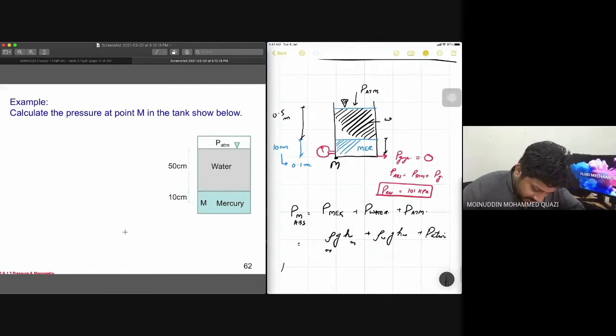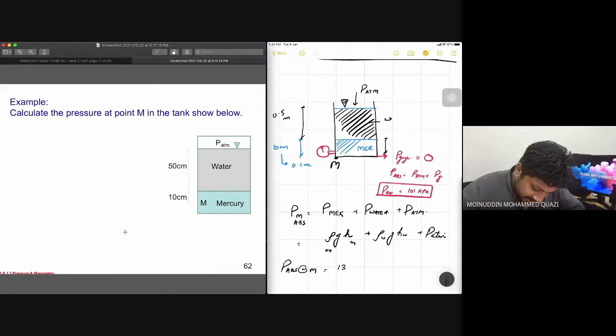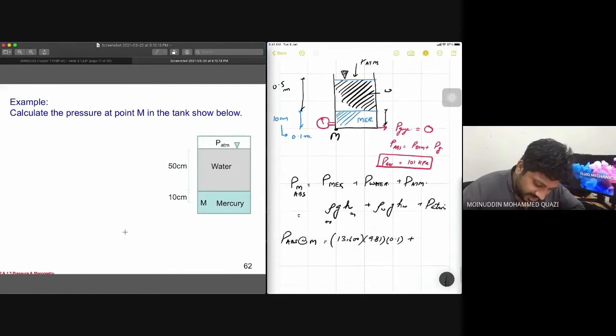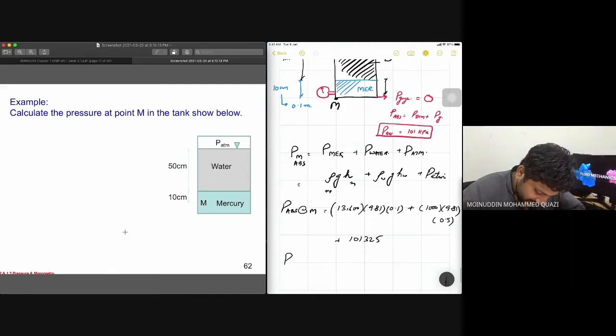So the absolute pressure at point M is equal to density of mercury, 13600, gravity 9.81, height 0.1, plus density of water 1000, gravity 9.81, height 0.5, plus 101325. Okay. So later on you guys can calculate and let me know the answer.